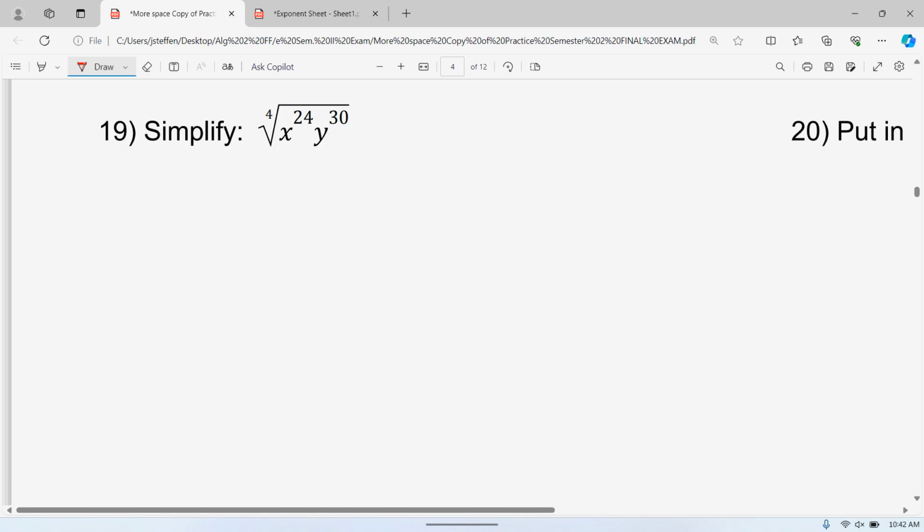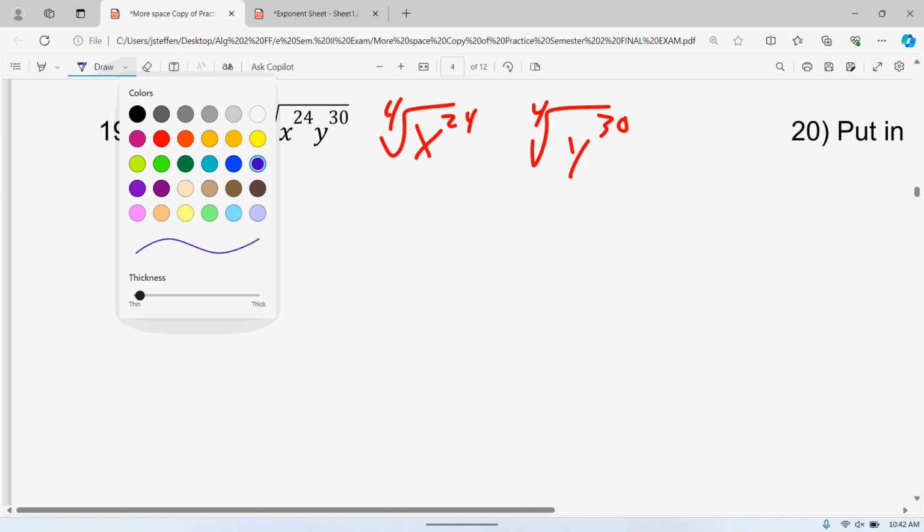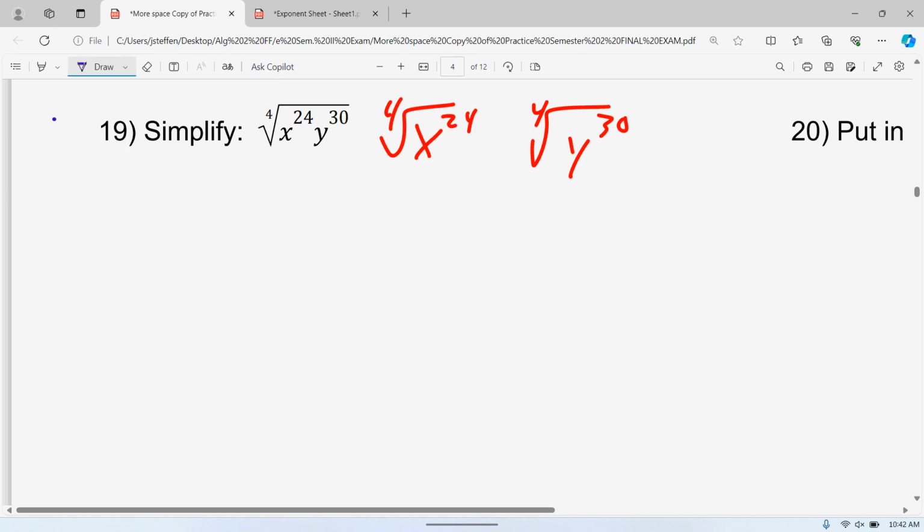Let's split this up. We have the fourth root of x to the 24th. We have the fourth root of y to the 30th. If they divide evenly, the exponent and the index number, so 24 divided by 4 is 6. You can divide those and get rid of your radicals. 30 by 4 doesn't divide evenly, so we change 30 into some number that's a multiple of 4.